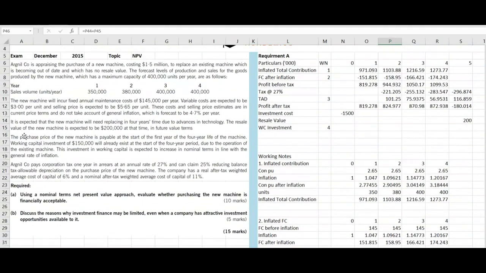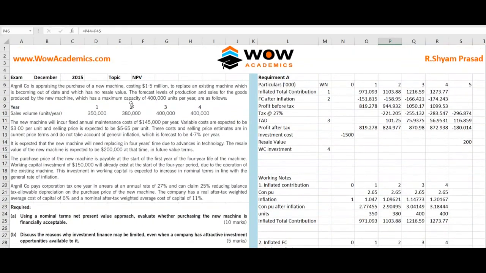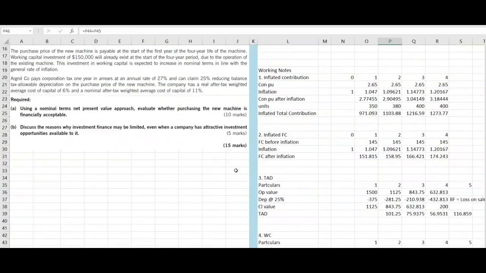So we'll check. If you go to the first formula, first paragraph, it says it is expected that the new machine will need replacing in 4 years' time due to advances in technology. So the working capital is not going to be released because there's another machine that is going to be purchased.